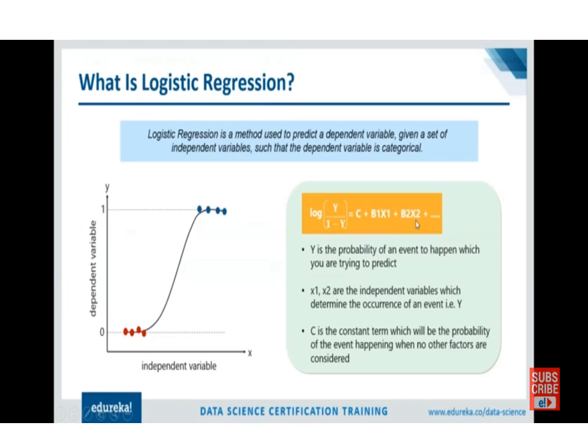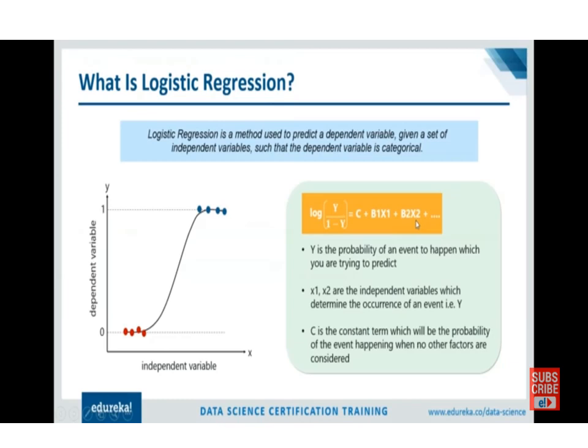And if we incorporate a set of independent variables while dealing with categorical variables, then it becomes a regression, right? So here you can see in this equation there are two different independent variables, x1 and x2. Y is the probability of an event to happen which you are trying to predict.